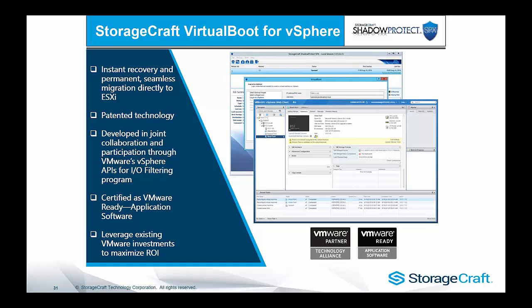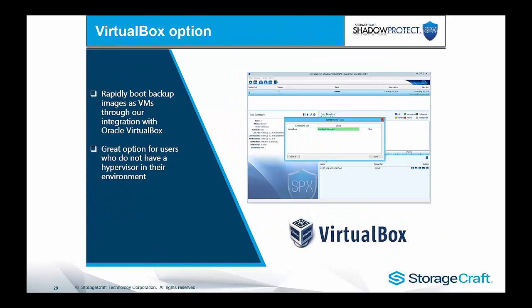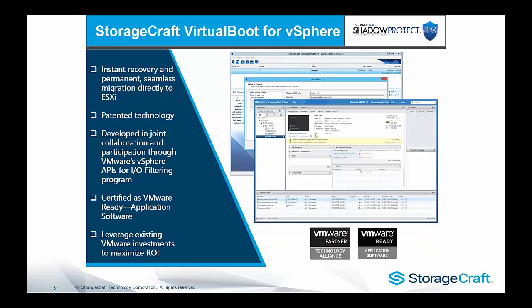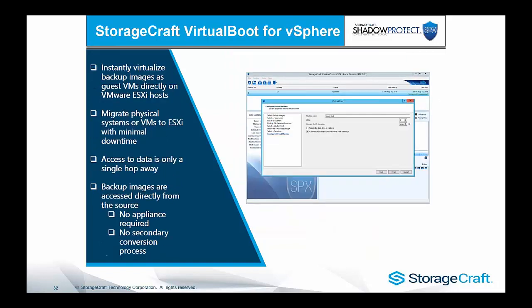So I guess just to focus on that for a second, with Hyper-V and also with Oracle VirtualBox, these are temporary virtual machines that need to be pre-staged back into a full production server or virtual disk. Now with vSphere, this is definitely our most feature-rich option because it can actually transparently backfill and completely migrate a VM at the same time.